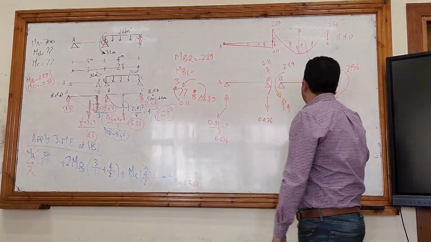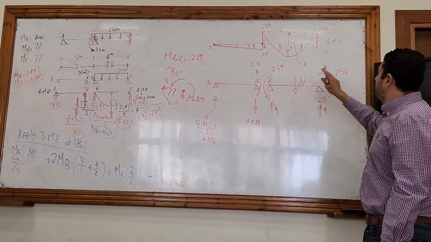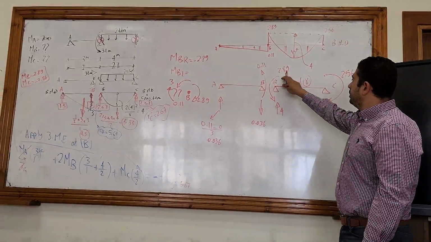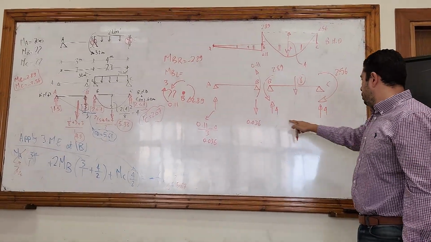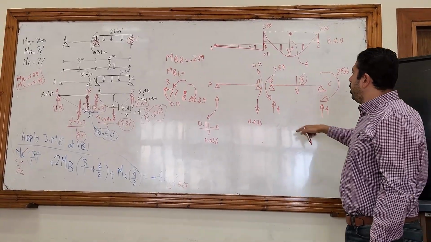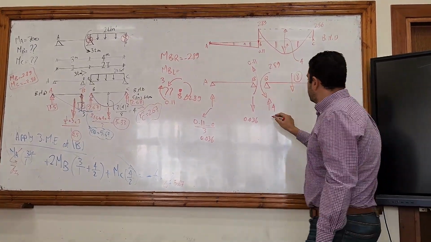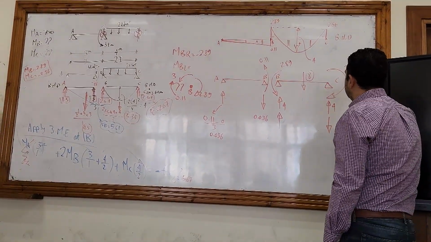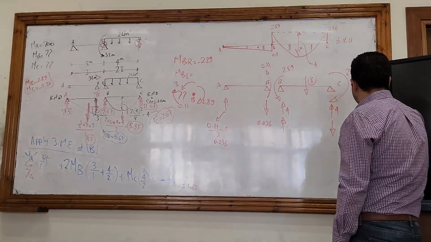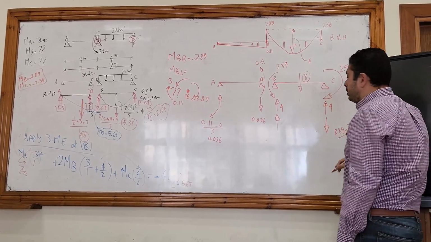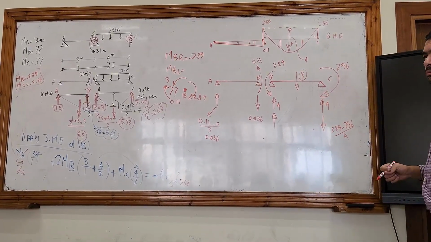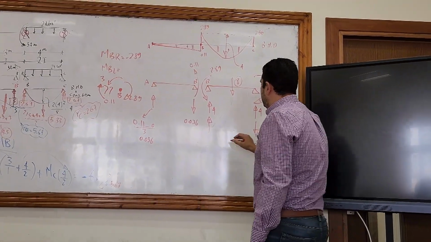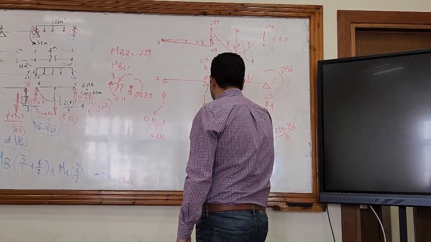0.036. What about here? The difference in the moments, 2.89 minus 2.56 divided by the span 4. Which moment is bigger? This one is bigger. So the 2 forces making the couple have to be in the opposite direction of the biggest moment. So here it will be upwards and here it will be downwards. This will be 2.89 minus 2.56 divided by the span 4, 0.0823, so this is 0.083.